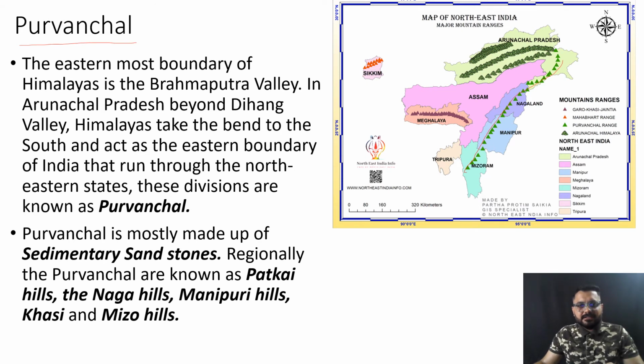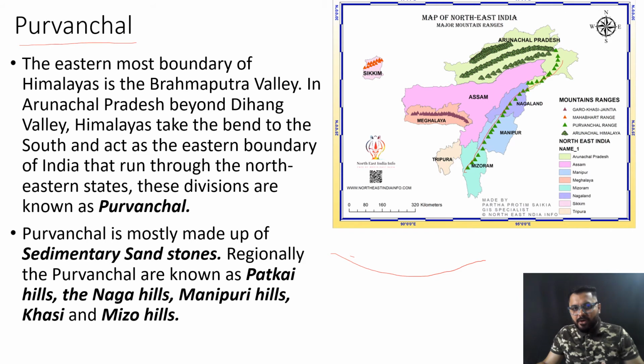They are considered to be the easternmost boundary. Why are they considered as the easternmost range? Because the mountain ranges start from the west side. As in the beginning I told you about the direction of Himalayas, they are moving from west direction towards the east direction.